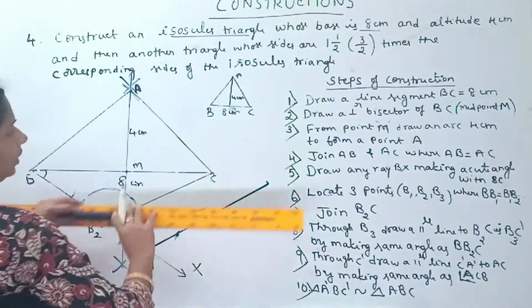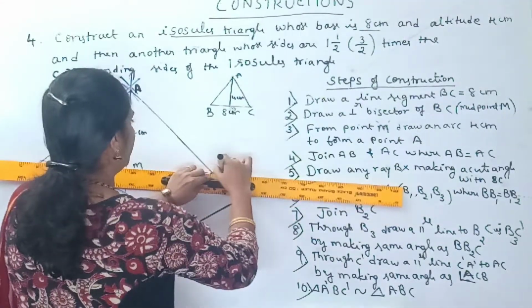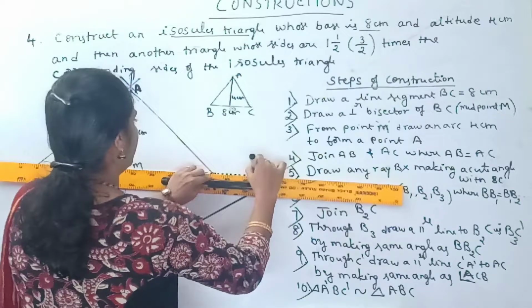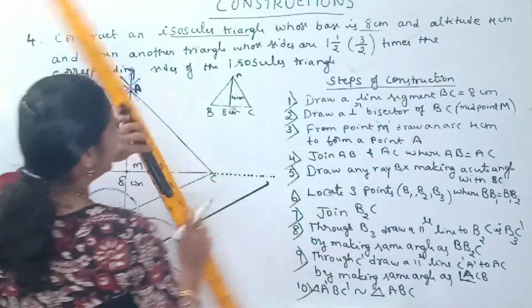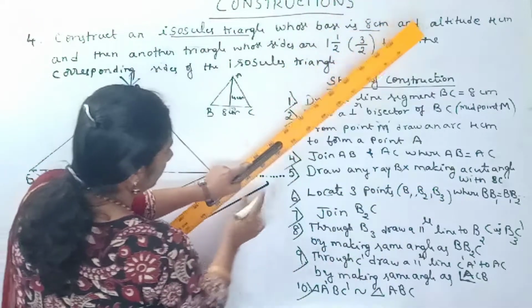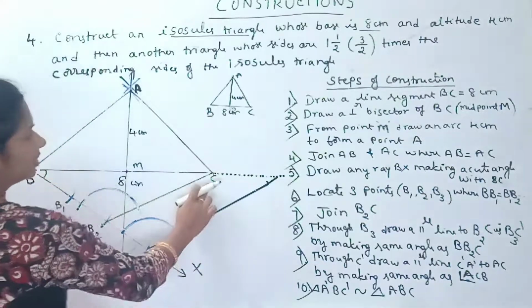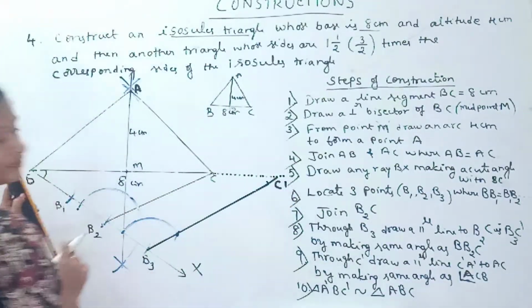Now you have to extend the line, children. Let it intersect the base at C dash.